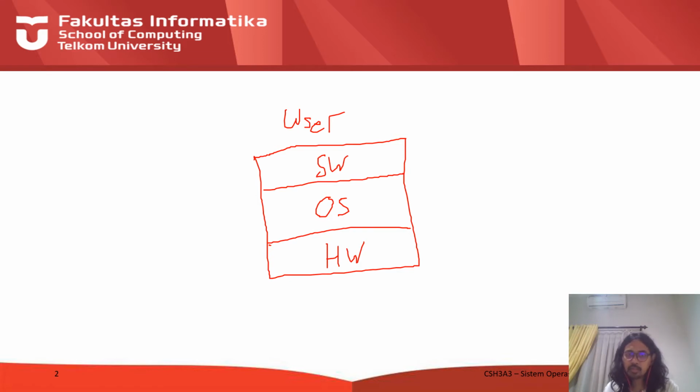What is more, the operating system itself is then divided again into more layers. There is the layer that is close to the user, which is called user mode, and the layer that is close to the hardware, which is called the kernel.